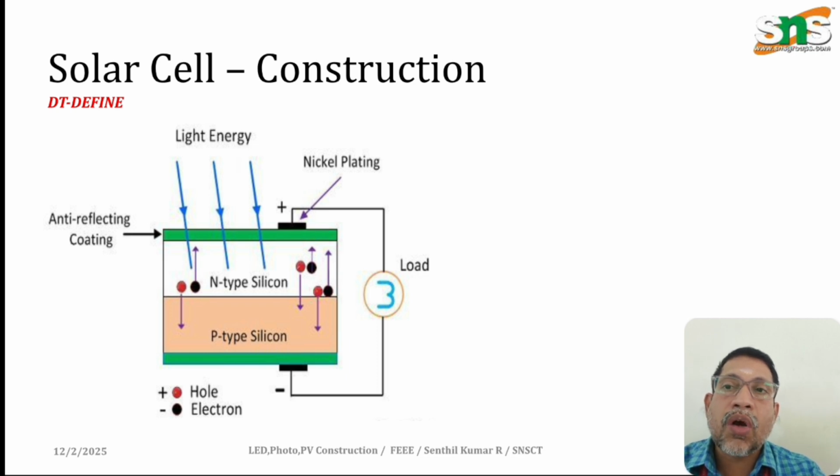This energy is accumulated in a battery, or this energy is given to a load such that the lamp glows.